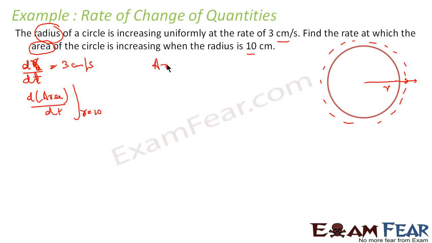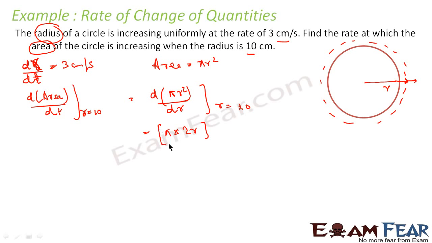Area is nothing but pi r square. Sorry, I have to find dA by dt, correct?